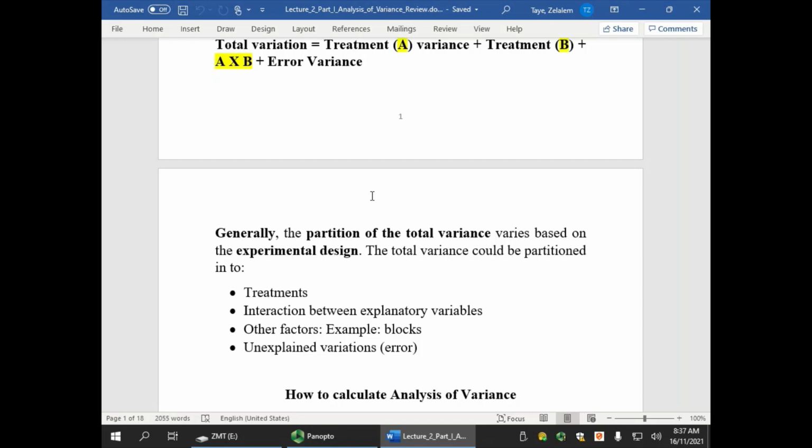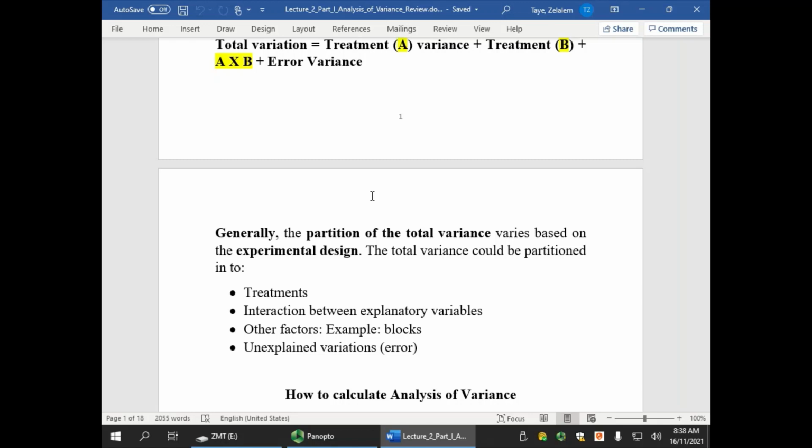The design gives you information on what kind of variations are there. So we have the treatment, as always, and we have interaction between the explanatory variables that you have in your data.